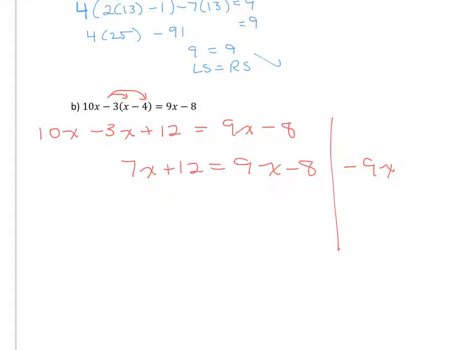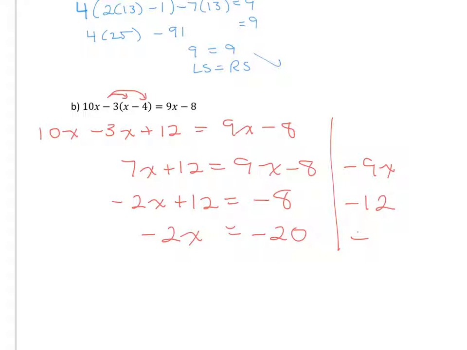So if we subtract 9x from both sides of the equation, we end up with negative 2x plus 12 equals negative 8. And now to isolate the x on the left side, we'll subtract 12 from both sides of the equation. So on the left side, I now have negative 2x, and on the right, I have negative 8 minus 12, or minus 20.